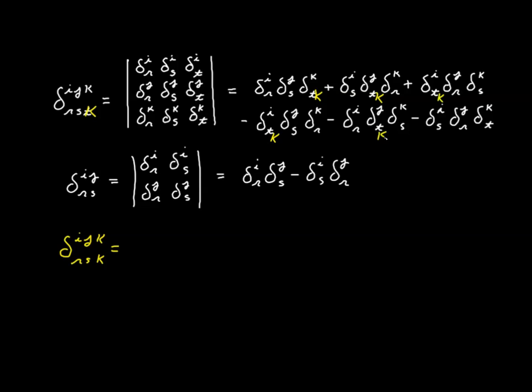Let's see what that does for us. Okay, first of all, Kronecker delta kk is just 3. So you've seen that before. When we contract an index with itself on the Kronecker delta, it's going to be 3. So that's 3 times the other factors of delta ir delta js.